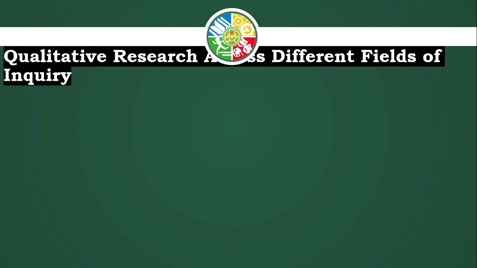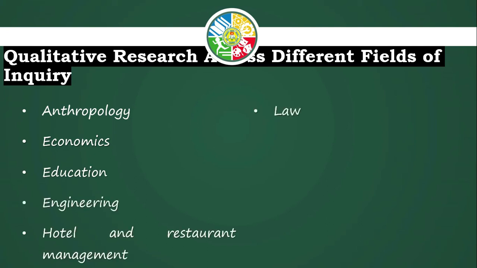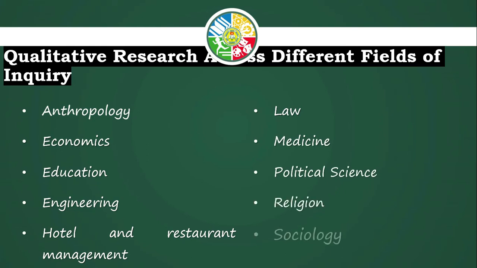So, I forgot to put here, but take note that qualitative research was actually first used, or actually started, in sociology and anthropology. So, research is not only useful in the field of teaching or for students, it can be used in different professional fields such as anthropology, economics, education, engineering, hotel and restaurant management, law, medicine, political science, religion, and sociology.